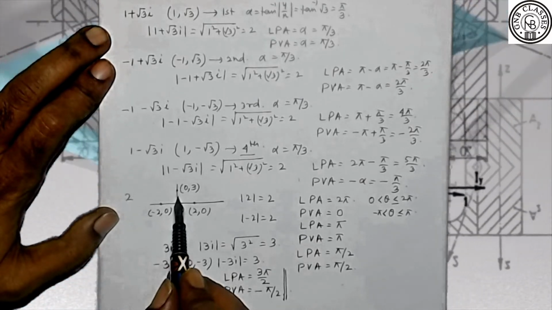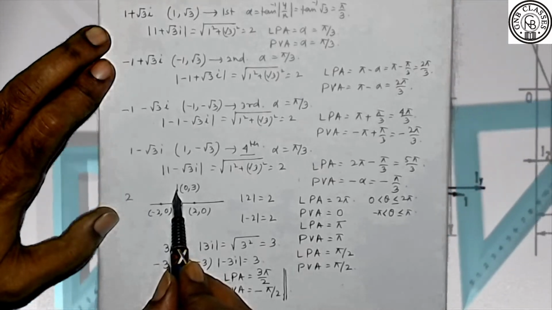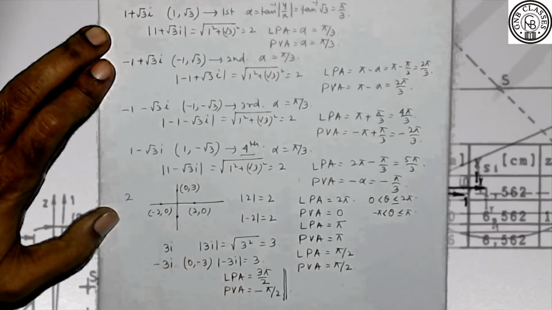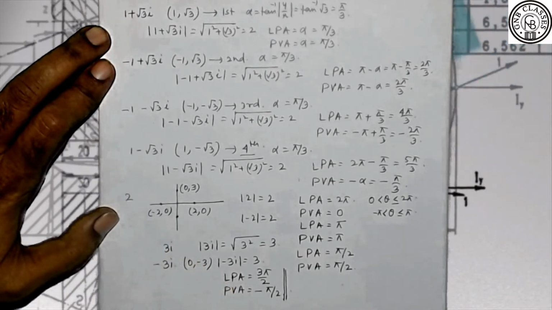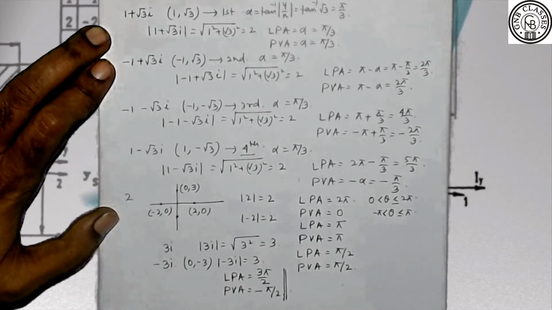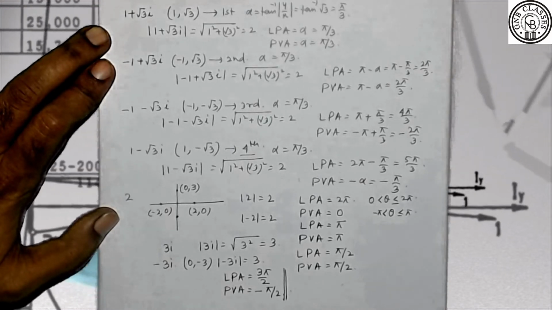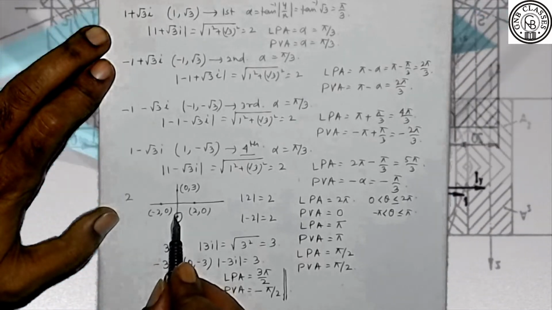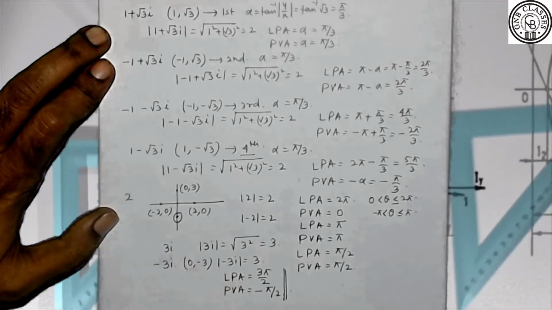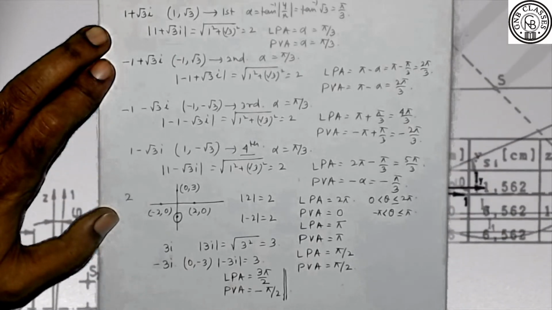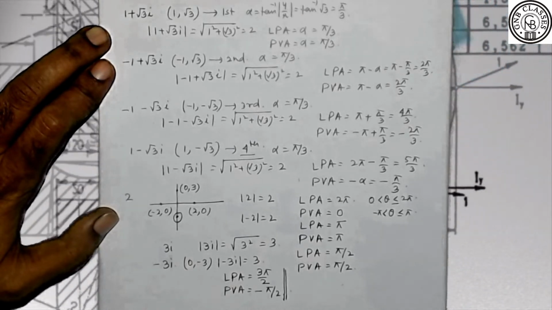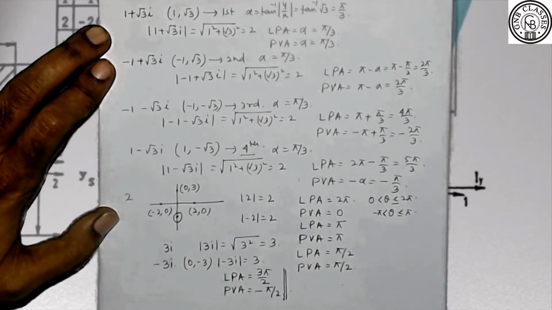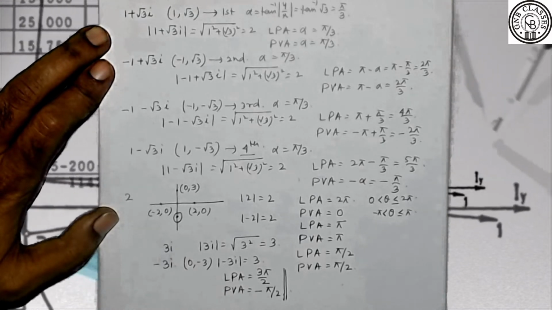But when it is lying on the positive direction of the y-axis, least positive argument will be pi by 2. Here, principal value argument will also be pi by 2. But when the point is on the negative direction of the y-axis, then least positive argument will be 3 pi by 2 and principal value argument will be minus pi by 2. Okay?